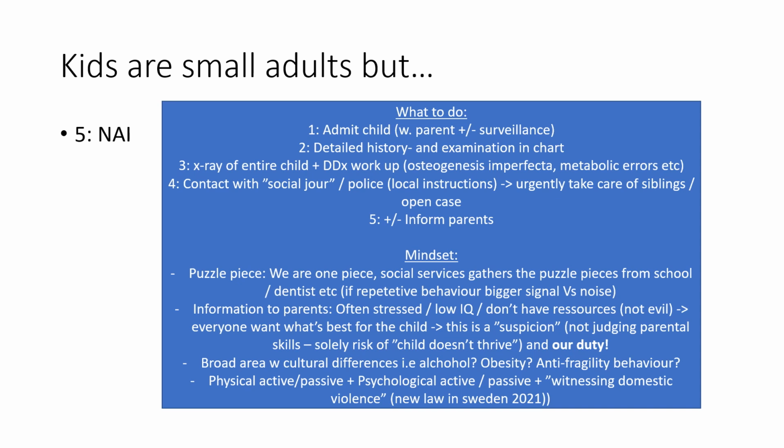To see if there are any other fractures missing, and also to add up some evidence, if there are different fractures in different healing stages and so on. And then you have to work up if there might be another reason for a lot of fractures in the patient. That might be osteogenesis imperfecta.